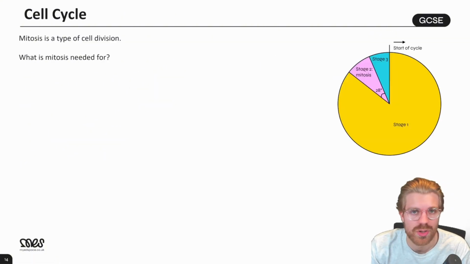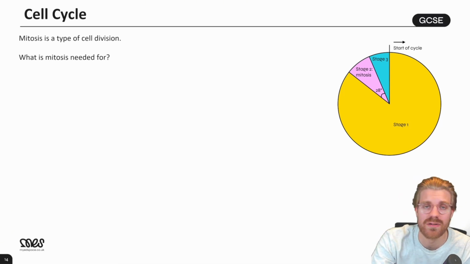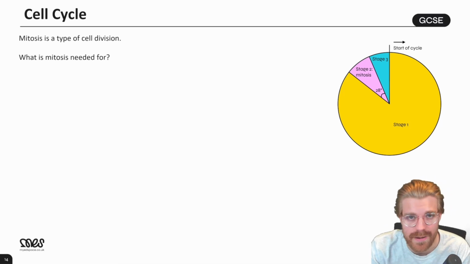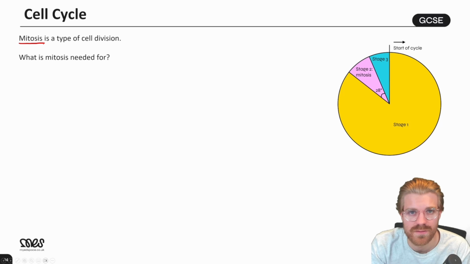The second part of Module 1 is about the cell cycle and mitosis and cell division. So, the cell cycle describes the life cycle of a single cell, from after the cell has been produced, through the cell division, through to when the cell then divides again. Mitosis is an example of cell division. Lots of students confuse mitosis with the cell cycle.